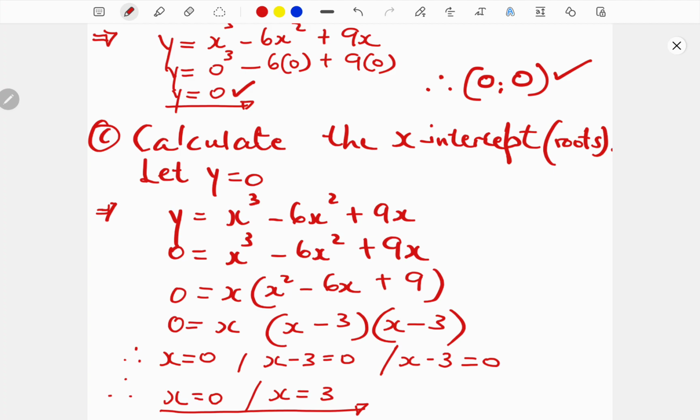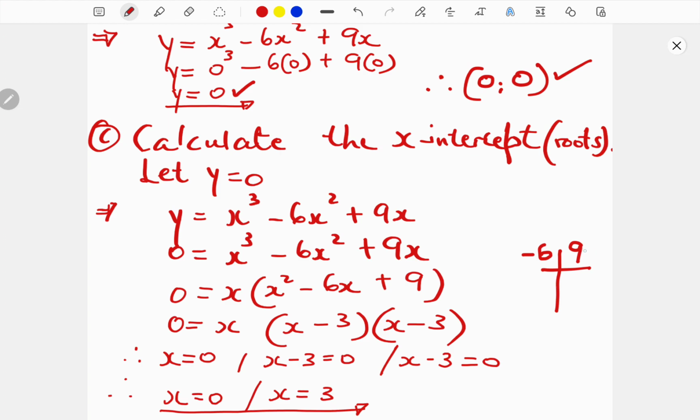Therefore, you're now going to factorize the x² - 6x + 9 by opening up two brackets. So how to factorize this quadratic expression, this part that is quadratic? Now you want two numbers that when you multiply, they give you positive 9, and the same numbers, when you add, they give us negative 6.